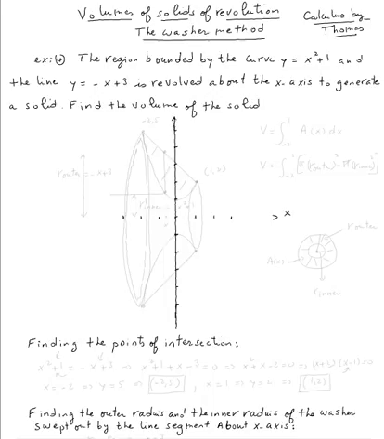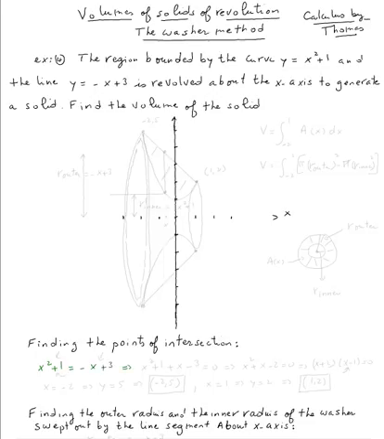To draw this region between two curves, we need to find the points of intersection. To do that, we set the two y's equal to each other. We get x squared plus 1 equals negative x plus 3.